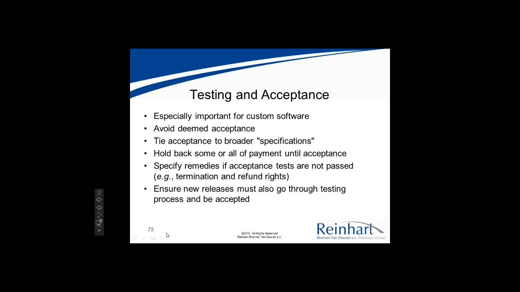Another concept that we see a lot in testing and acceptance provisions is deemed acceptance. We tend, as a best practice, to avoid that type of provision and modify it. What that really is, generally after a certain number of days, if licensor hasn't heard either yes or no from licensee, they deem the software to be accepted and the agreement to be in full force.